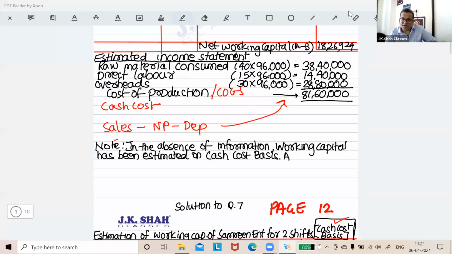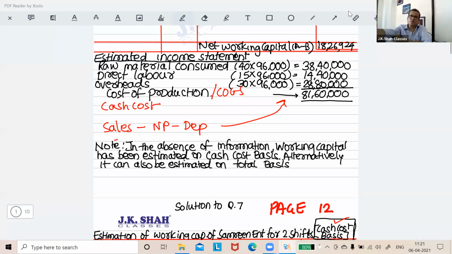Alternatively, it can also be estimated on total cost basis. Okay, this is the common note we write in all those questions where we assume cash cost on our own.